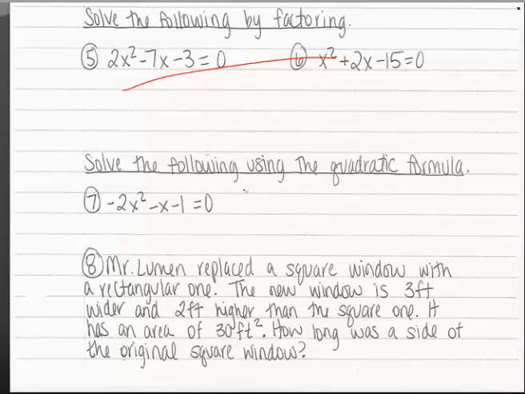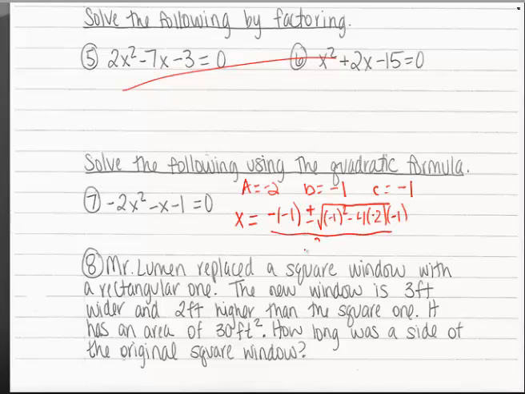Okay, so I have this, so my A is negative 2, B is negative 1, C is also negative 1. So I've got x equals negative 1, so that becomes a positive, plus or minus the square root of b squared minus 4 times A times C all over 2 times A, which is negative 2.